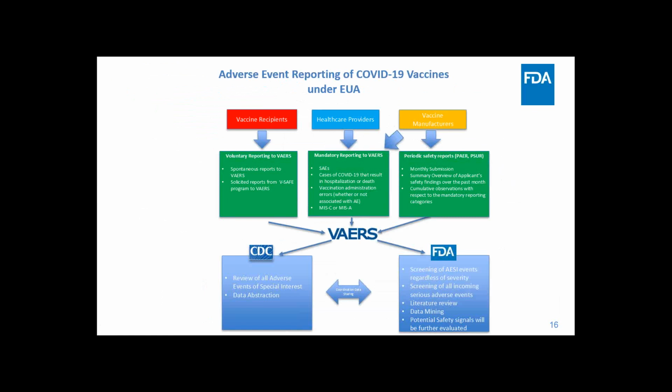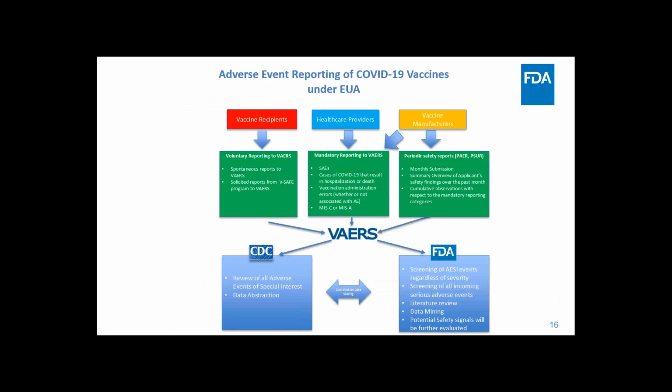For healthcare providers and vaccine administrators, there is mandatory reporting, and that includes serious adverse events, cases of COVID-19 that result in hospitalization or death, vaccine administration errors, regardless of whether they're associated with an adverse event, and two conditions, multisystem inflammatory syndrome in children or adults.